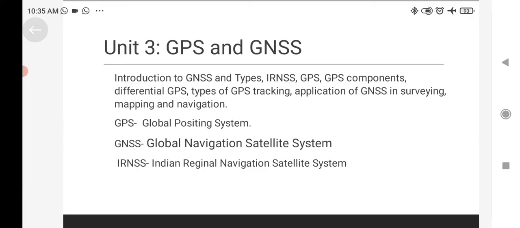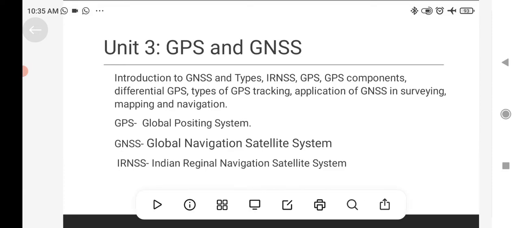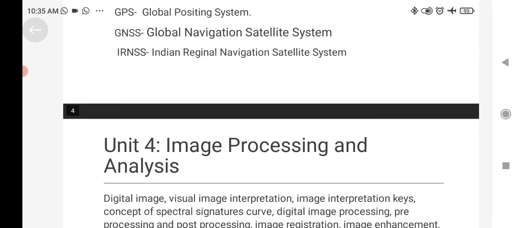GPS is the Global Positioning System. There are GPS components, differential GPS, types of GPS tracking, and applications of GNSS in surveying, mapping and navigation. These are all covered in unit number 3.